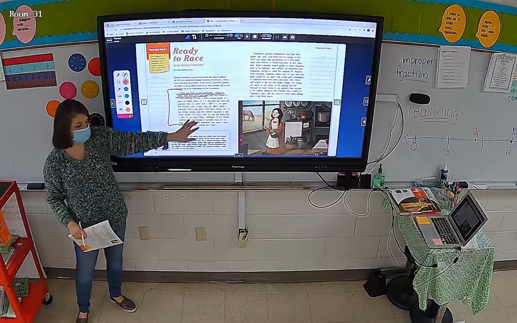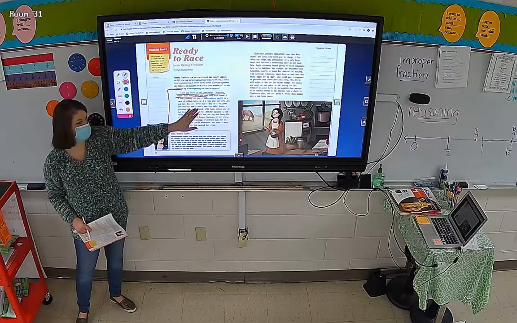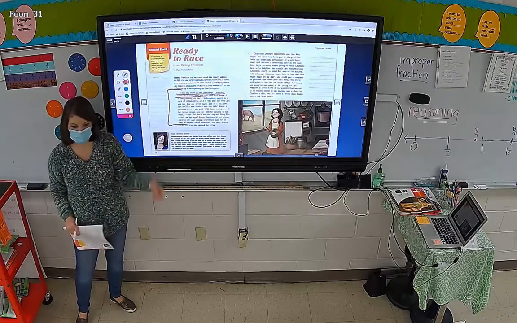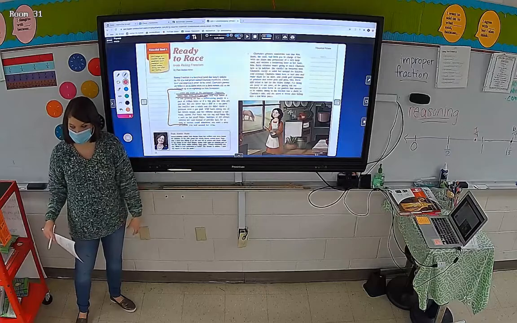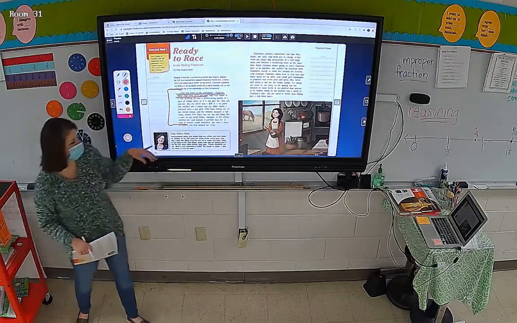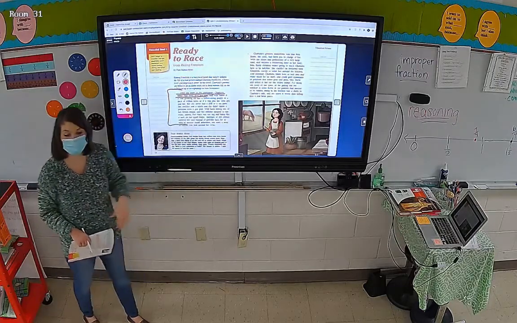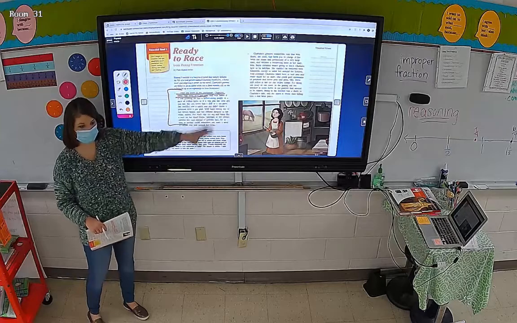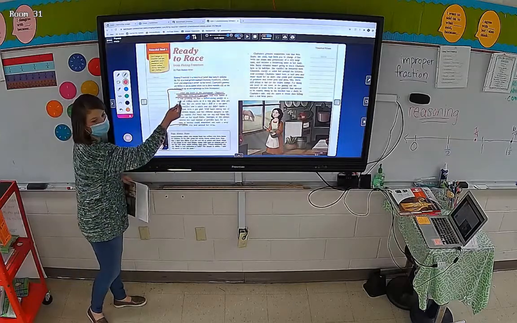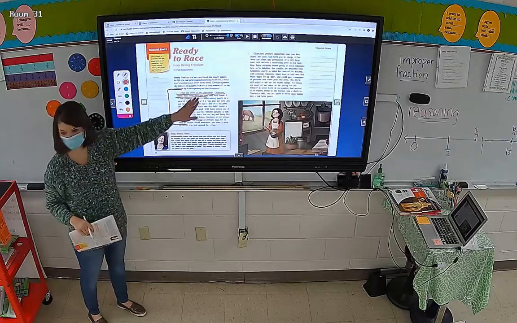And the rest of this paragraph gives you details about how she's different. She doesn't know what a petticoat is. Remember we talked about that's the thing that she wears under her dress. She doesn't like tea parties. She's never had a doll. All of those are little details that tell us that she's not like the other girls. So this whole paragraph is about how she's not like the other girls.